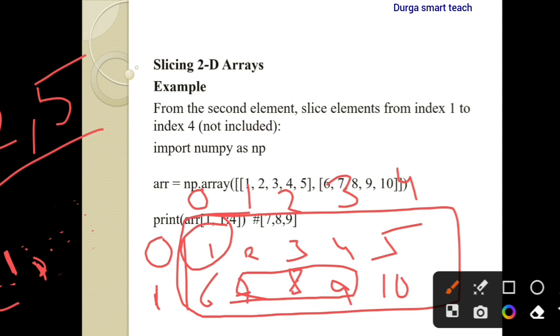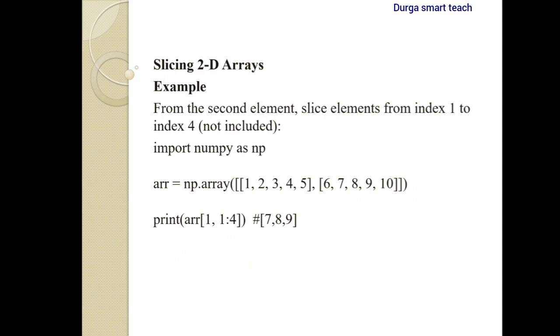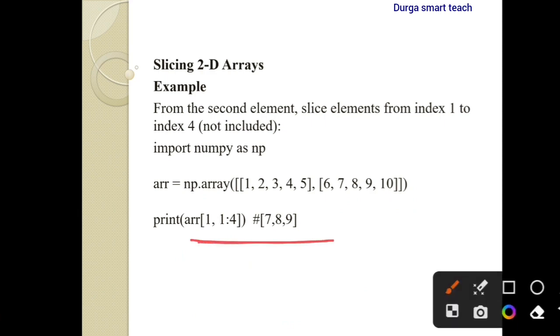1 comma. Next you need to give columns. Starting column is 1 and ending column is 4. 4 minus 1, 3. So you need to mention start and stop, and these elements are accessible. In this way you can access the elements.